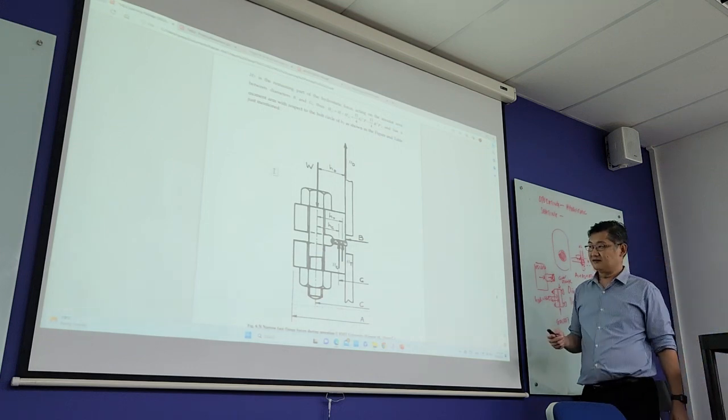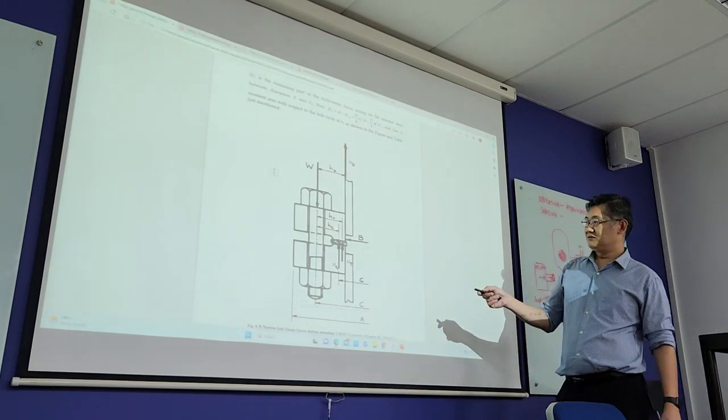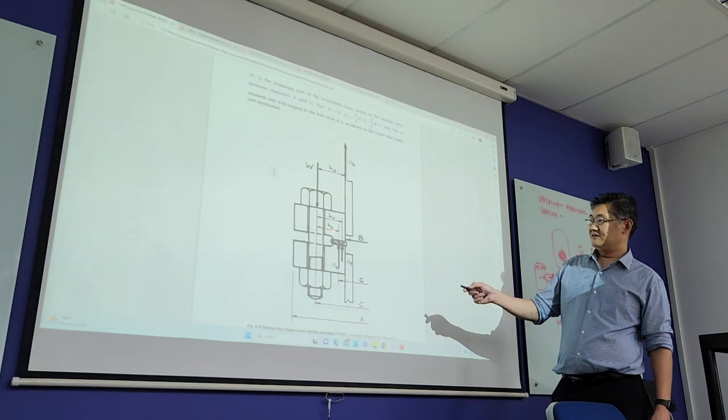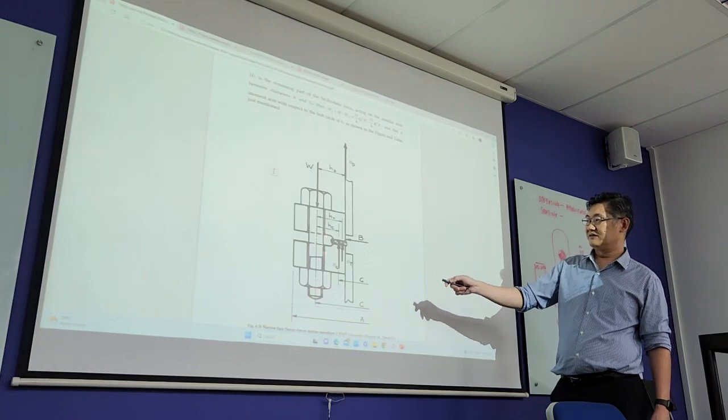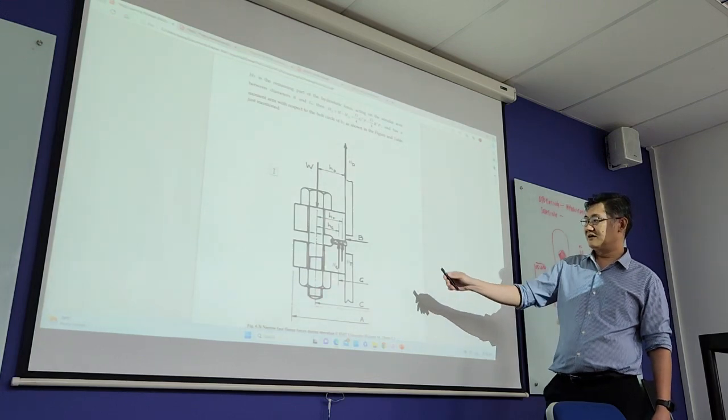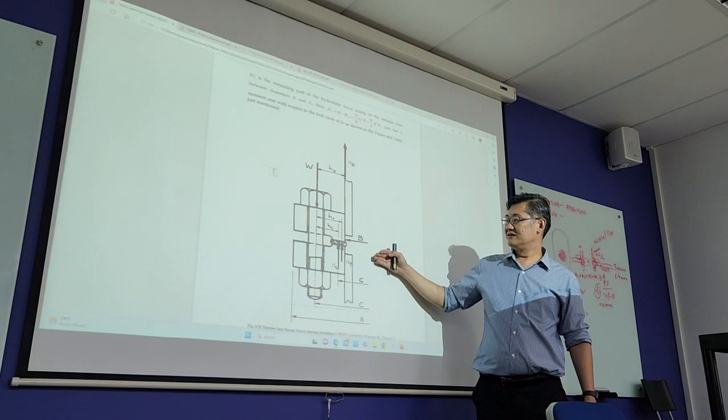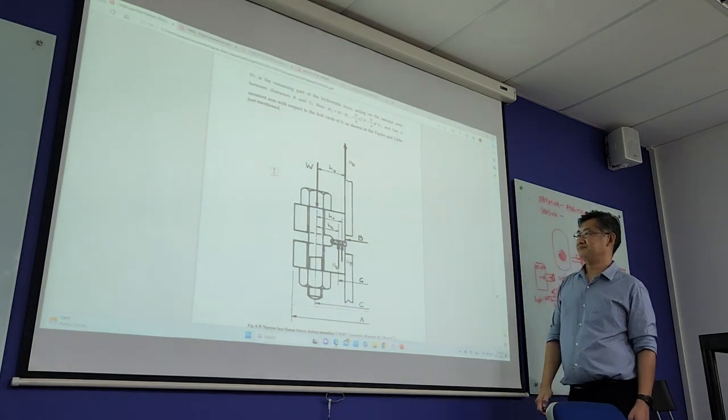Alright, so this is a nice picture. This is the gasket, and then this is the cover or the flange. Then this is the bolt securing the nut, tightened such that we are able to compress the gasket to prevent leaking.